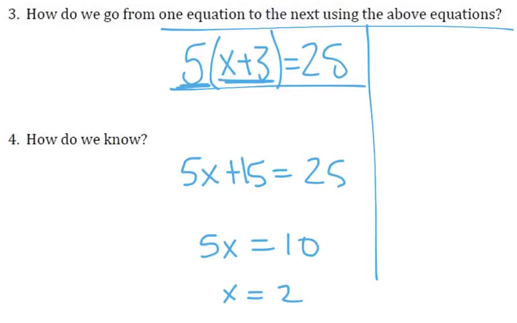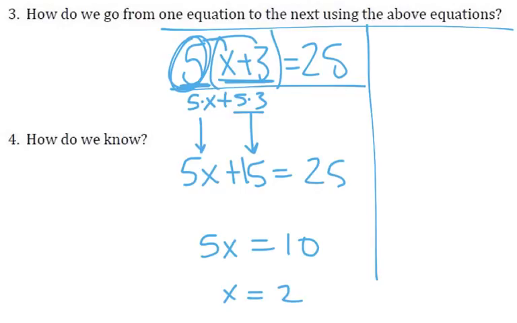In math, we have a term we call distribution. We're going to take this 5 and give it to each piece. So we give 5 to an x, we also give 5 to 3. And we multiply, because it's next to a parentheses, that means multiply. So I go 5 times x, which gives me 5x, because I can't simplify that further. Then 5 times 3, which I can simplify to 15.